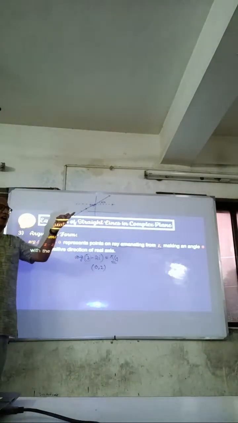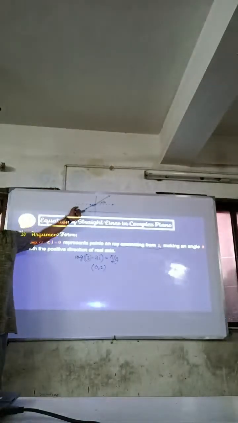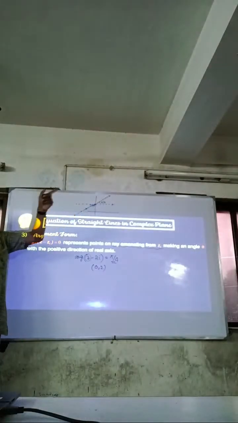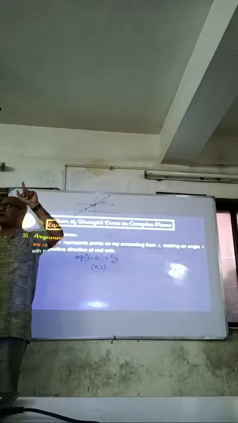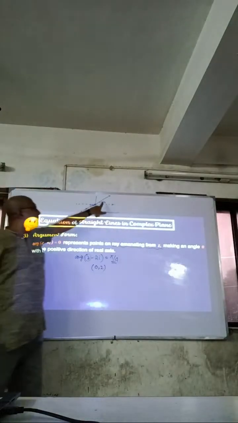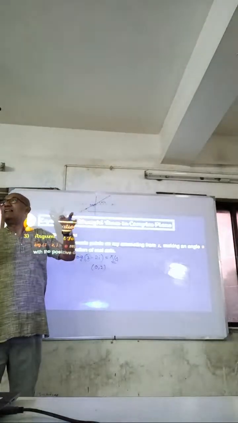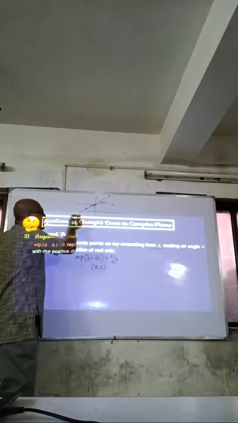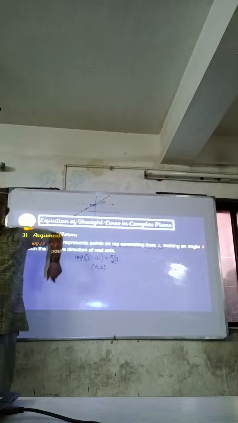That becomes what? Since it is lying in the third quadrant, it is minus pi plus theta. So minus pi plus pi by 4 gives us minus 3 pi by 4. So minus 3 pi by 4 and pi by 4 are not the same. That is the reason it will never ever come in the lower portion.